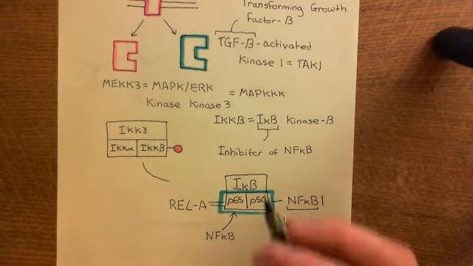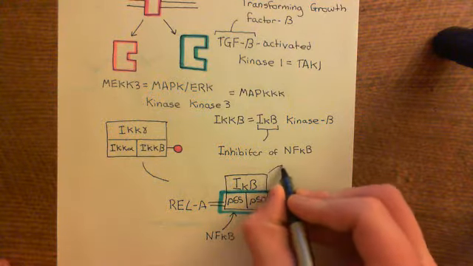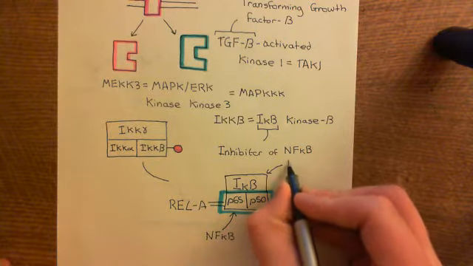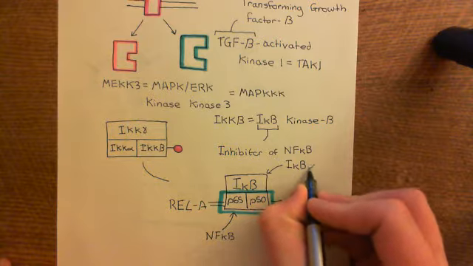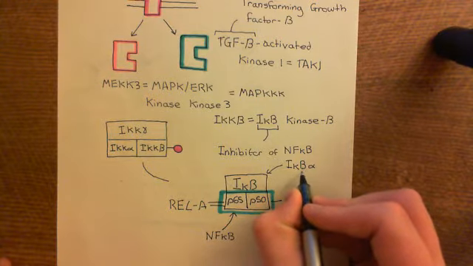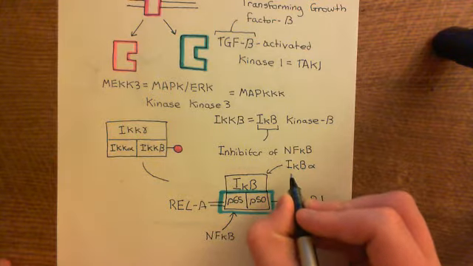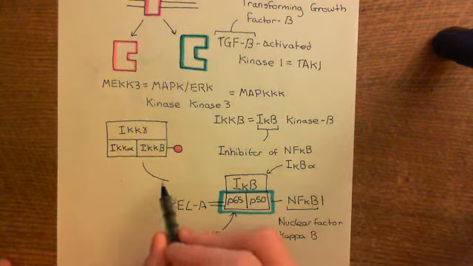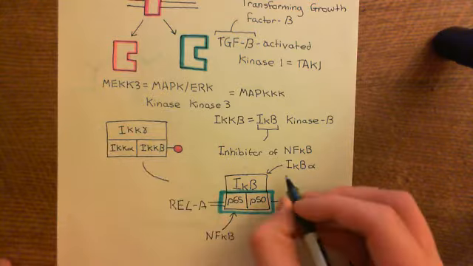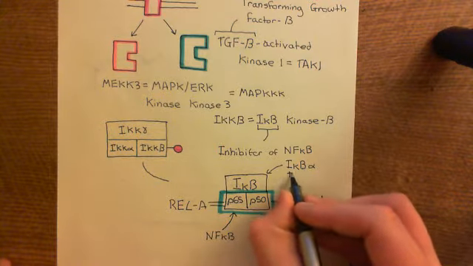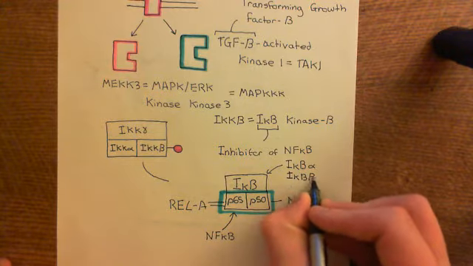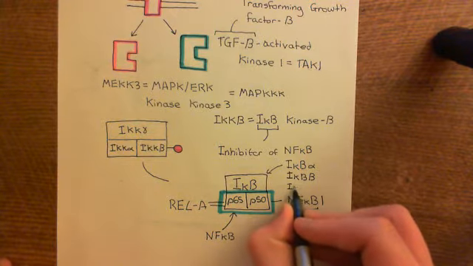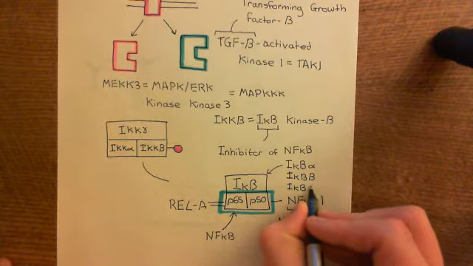Okay, so the prototypical inhibitor of kappa B protein to have here is the inhibitor of kappa B alpha. Okay, so this is the main inhibitor of NF-kappa B protein. However, there are others, and some that are going to be phosphorylated by this complex also include the inhibitor of NF-kappa B beta, and also the inhibitor of NF-kappa B epsilon.